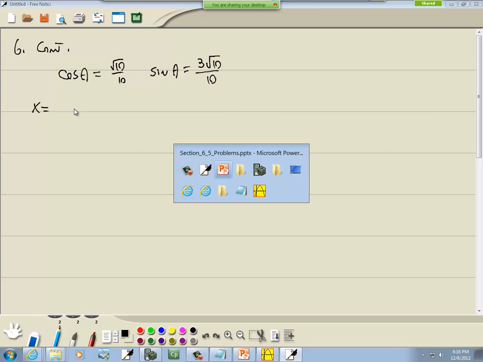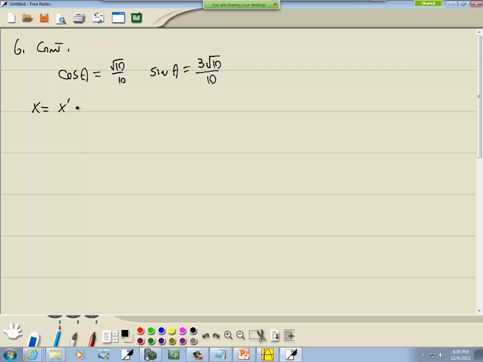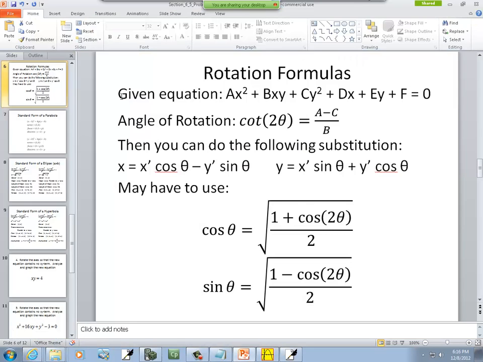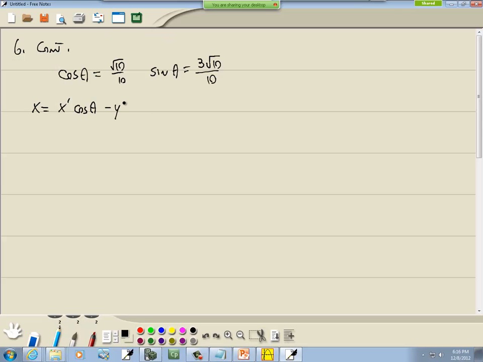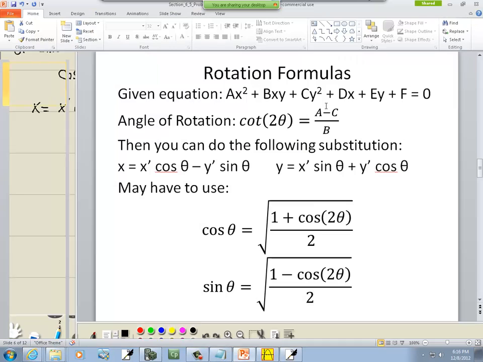So we've got x is equal to x prime cosine theta minus y prime sine theta, and y is equal to x prime sine theta plus y prime cosine theta.